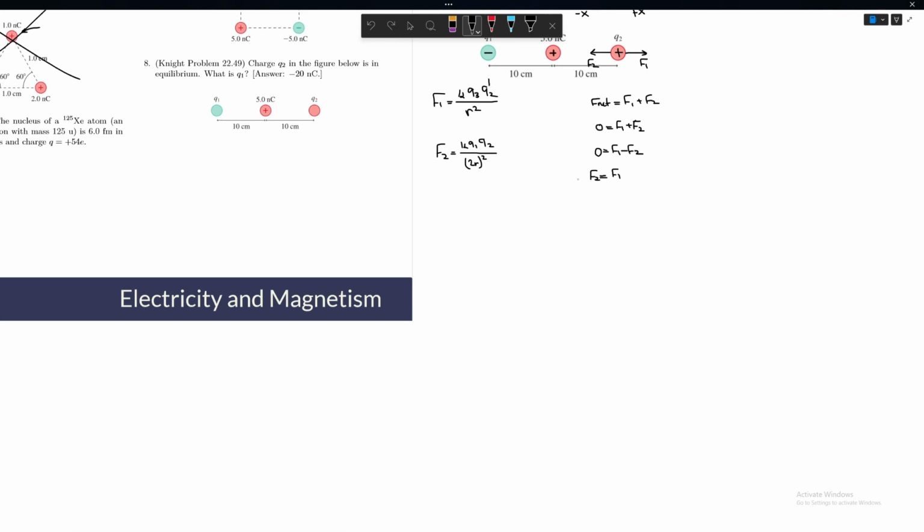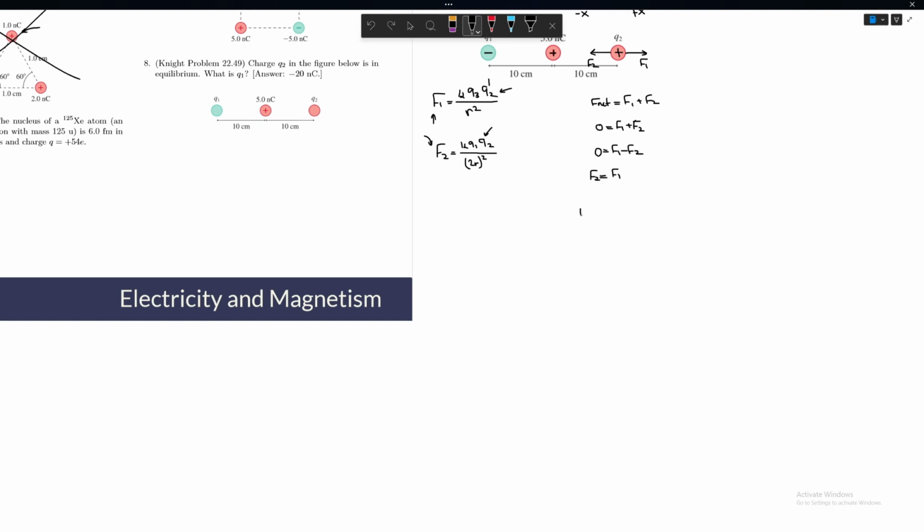So plugging them in, why am I plugging them in? Because here I have my force unknown, my Q2 is unknown, right? There's 2 unknowns. And here Q1 is what I want, so this is 3 unknowns. So I'm going to plug them in.